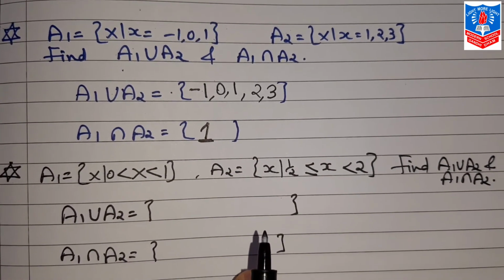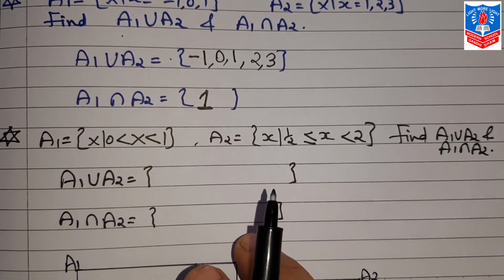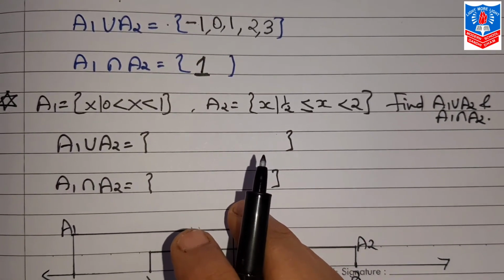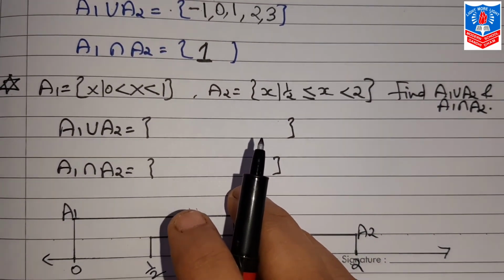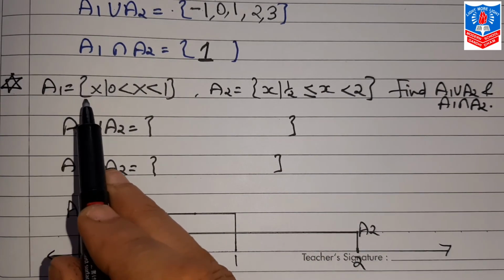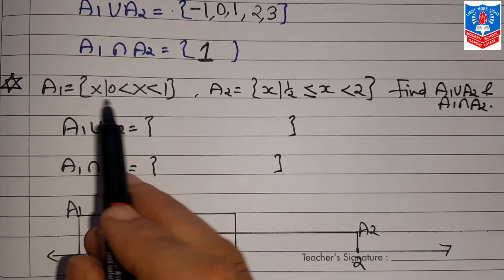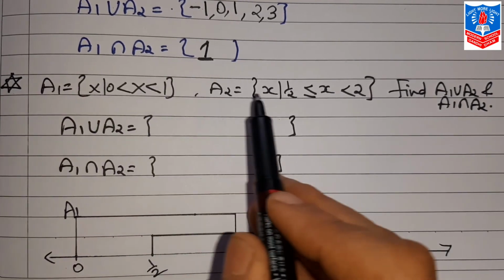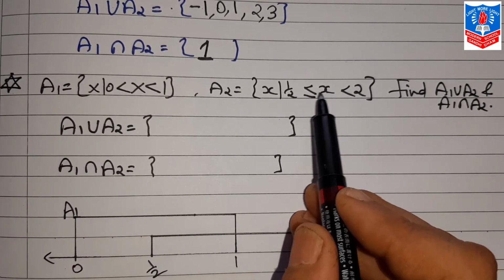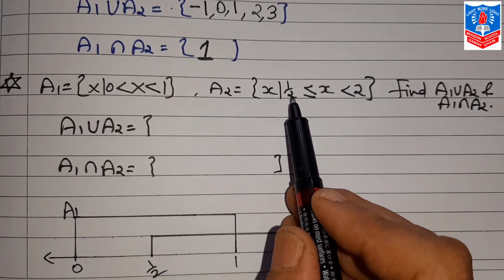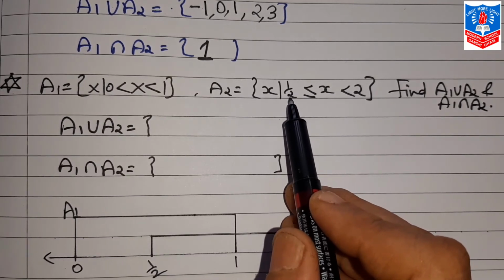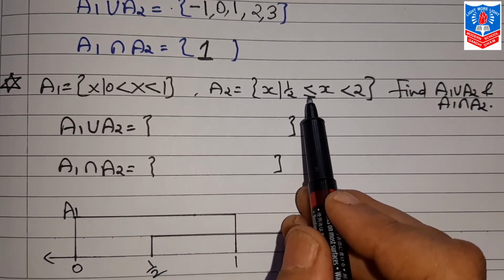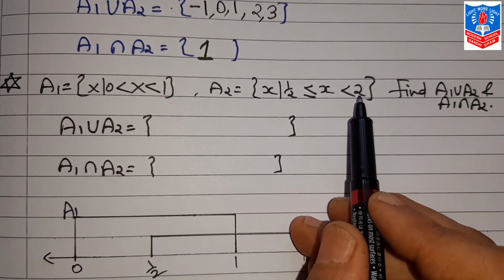Now next question. It is quite similar but a little bit complicated. The question is given this way, where A1 is the set of x such that x lies between 0 and 1, and A2 is x lying between half, but this half is included, and 2.